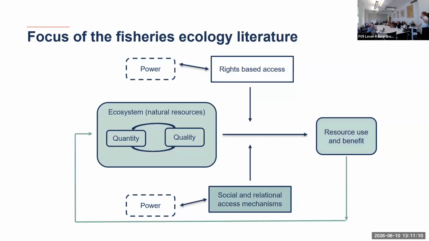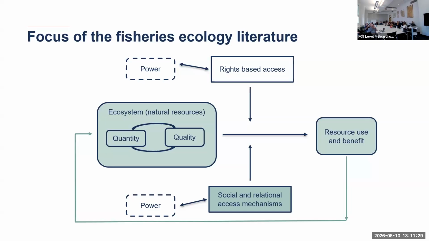I also want to flag the fisheries ecology literature because that's looked at a different part of this picture. The focus there has primarily been on specific mechanisms of access, like access to markets or related things such as socioeconomic development, and how that directly impacts ecological outcomes.